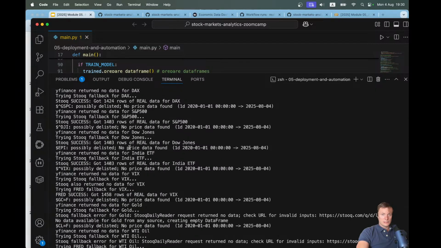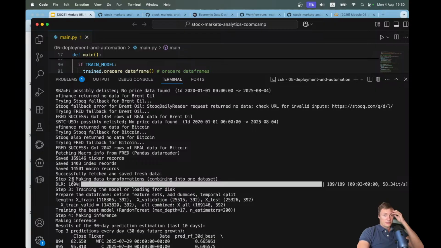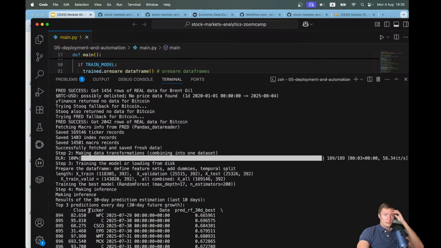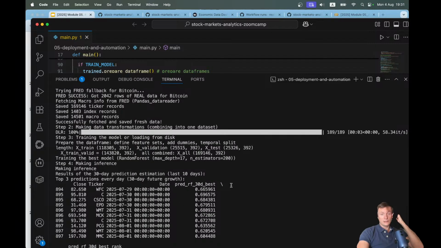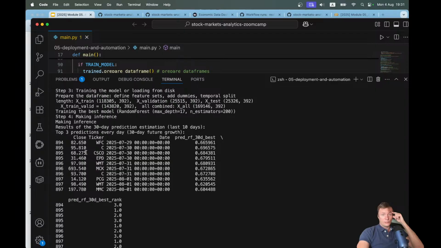You can see that it was downloading a lot of data. Then it made transformations. Then it said that we train a random forest of maximum depth 17 and estimators 200. That is 200 decision trees averaged. And that's the top, actually it's top 10 predictions for today.